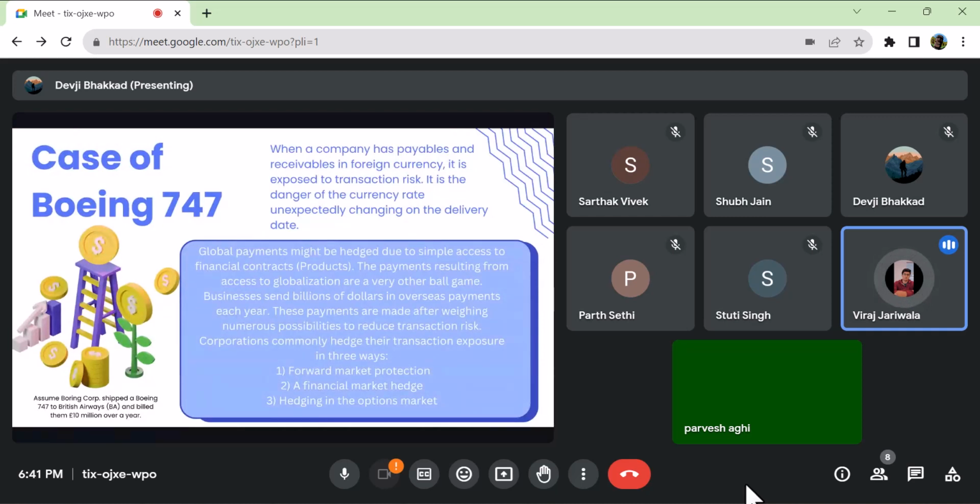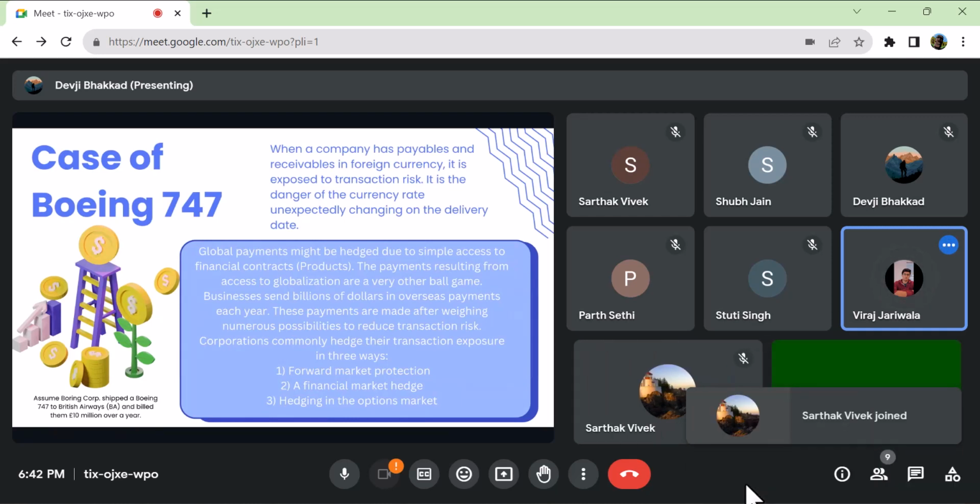The payments resulting from access to globalization are a very different ballgame. Businesses send billions of dollars in overseas payments each year. These payments are made after weighing numerous possibilities to reduce transaction risk. Corporates commonly hedge their transaction exposure in three ways. First is foreign market protection, second is a financial market hedge, and thirdly, hedging in the options market.